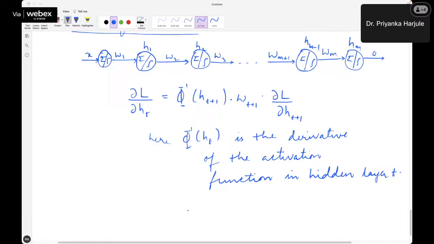Okay, and we will use the sigmoid activation function here.